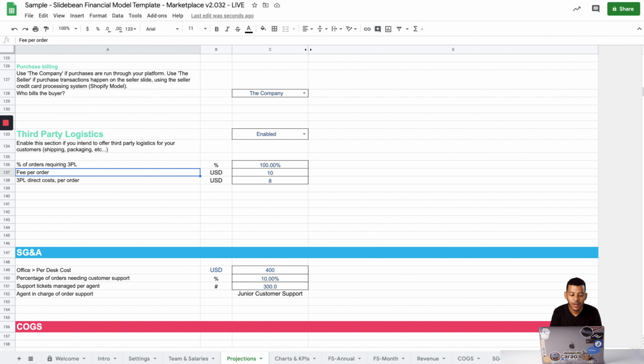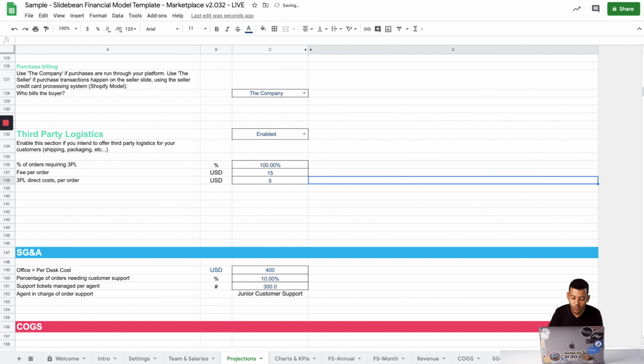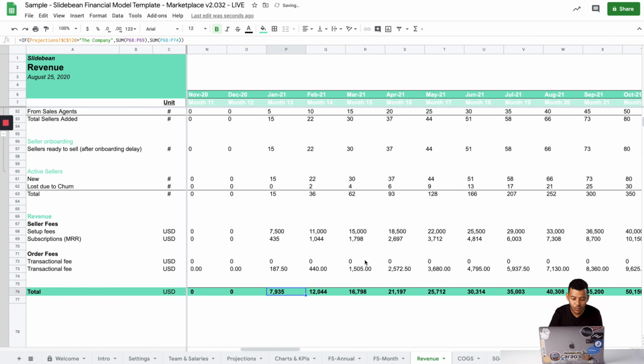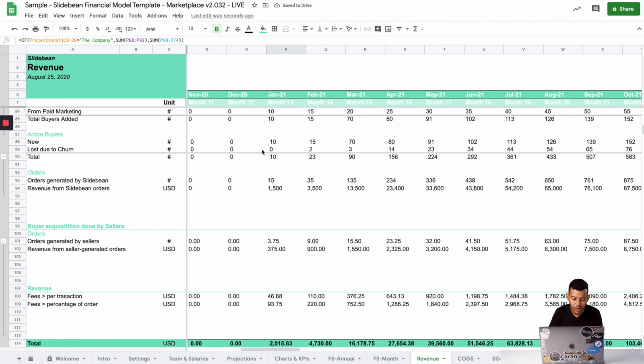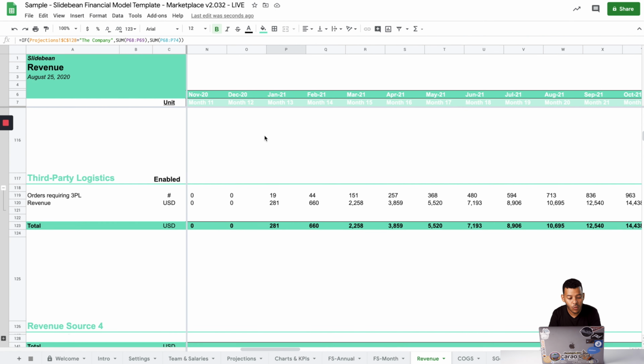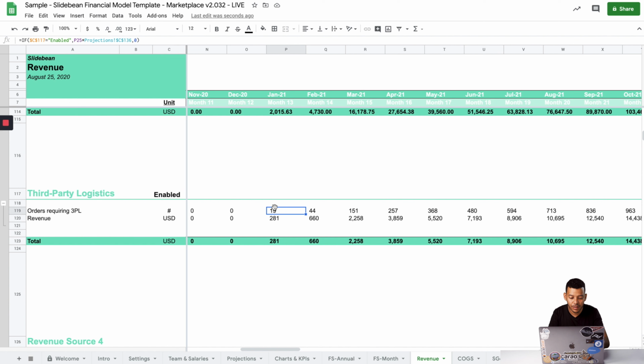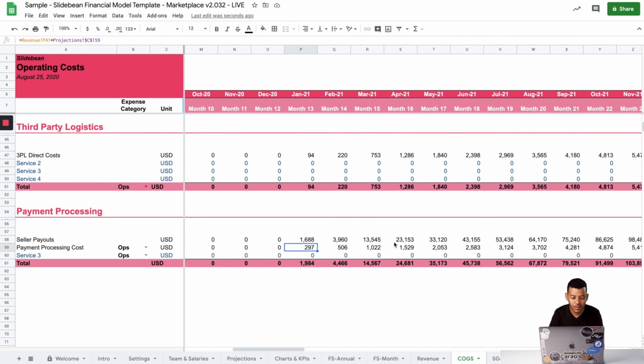What's the fee per order, and what's the direct cost? This is very simple. You're saying, well, I'm charging on average $15 per order, but it's really costing me just $5. So if you go to revenue, you're going to have that as an additional revenue source, just on the number of orders that require third-party logistics, the revenue that you collect, but also in the cost of goods sold, the cost of delivering that. So here's the third-party logistics direct costs.